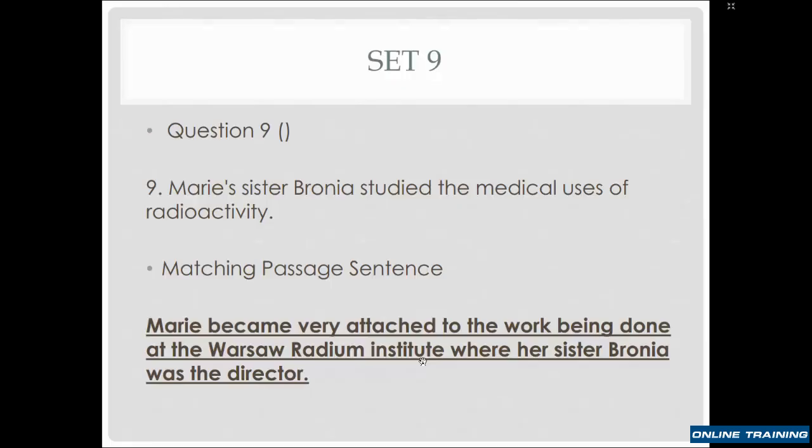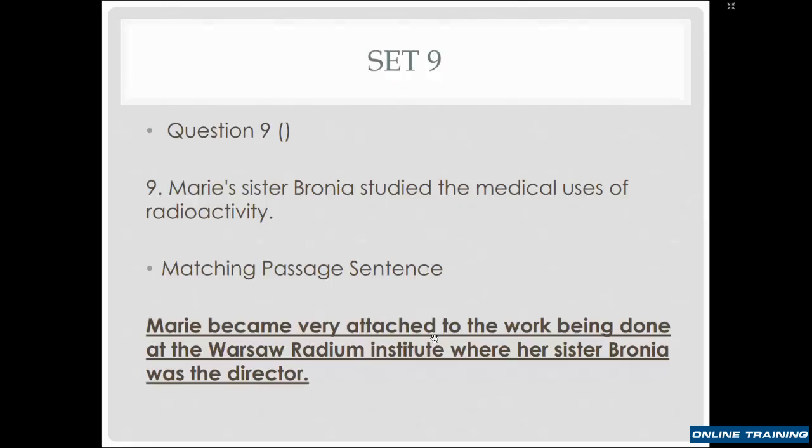It doesn't say she did study it. It doesn't say she didn't study it. So we would put not given in this situation. We know her sister worked at a radium institute, but we cannot imply that that means that she studied the medical uses of radioactivity. These are not implied inference questions, everybody.